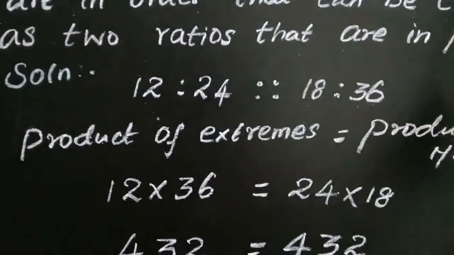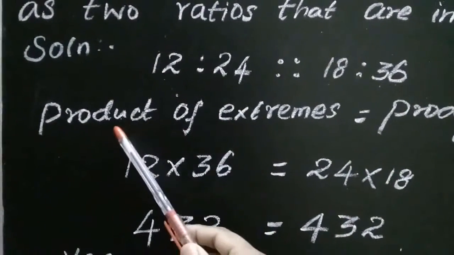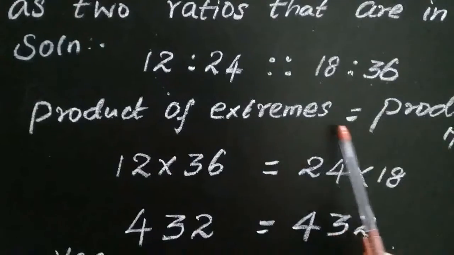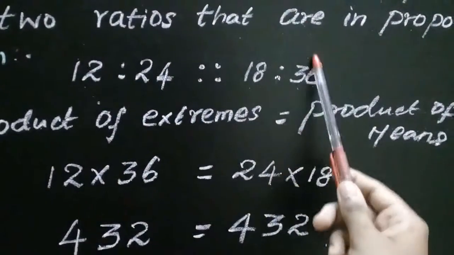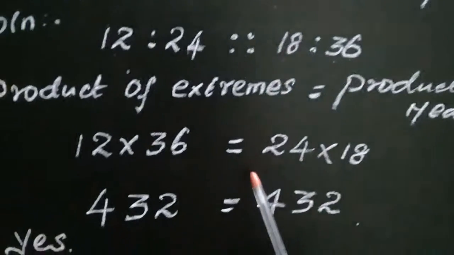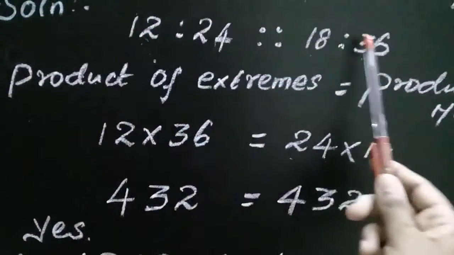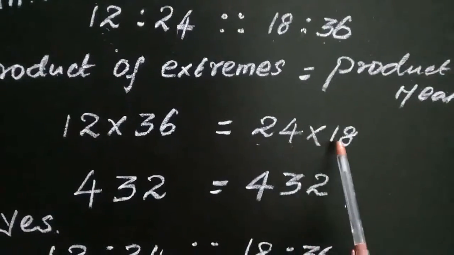We know the proportionality law: product of extremes is equal to product of means. Here 12 and 36 are extremes, 24 and 18 are means. So 12 into 36 is equal to 24 into 18.